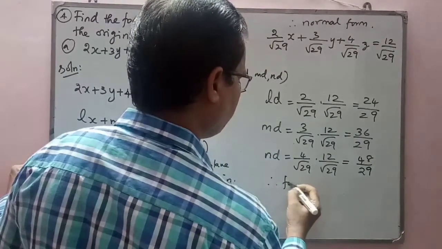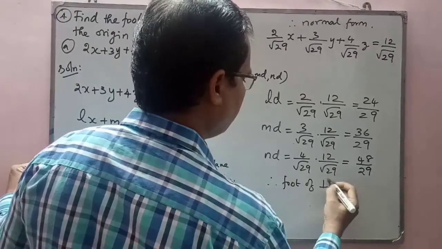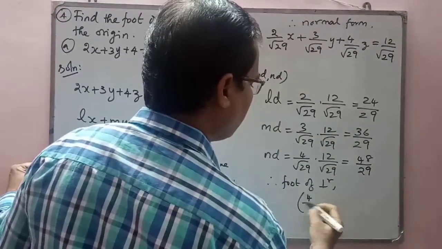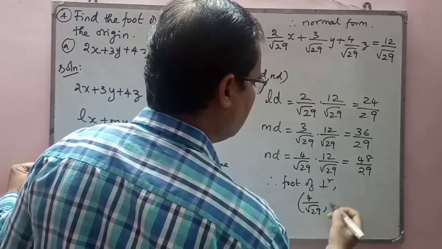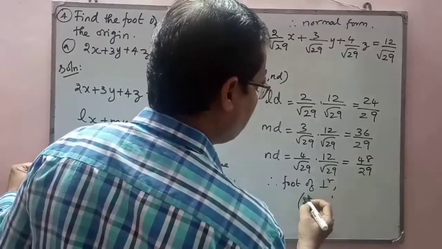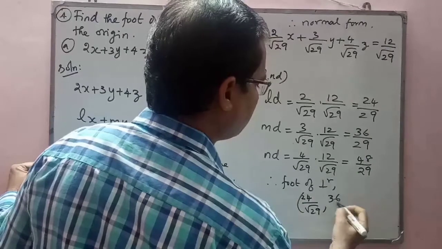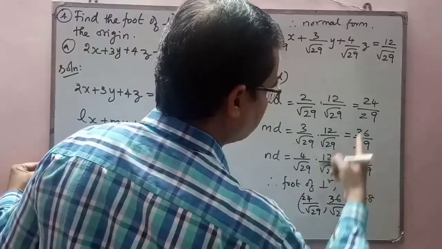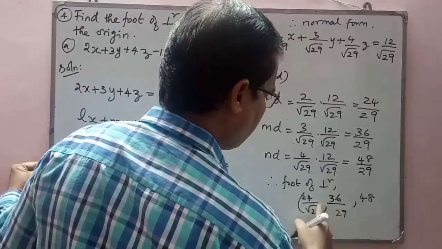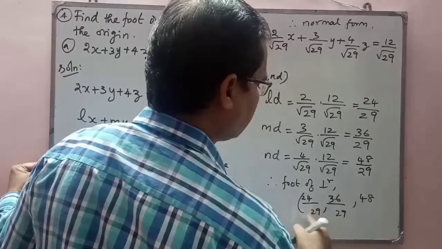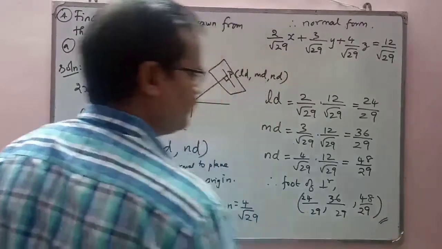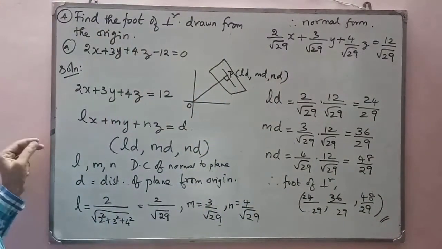Therefore, the foot of the perpendicular, the coordinates of that point P, is 24 by 29, 36 by 29, 48 by 29. They are all over 29, right? This completes the solution. Thank you.